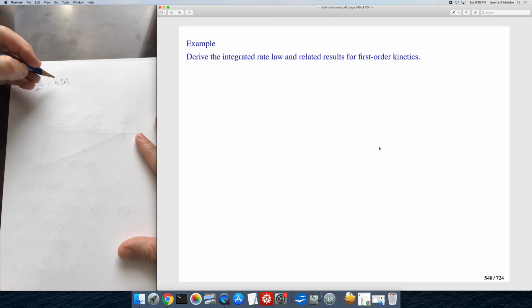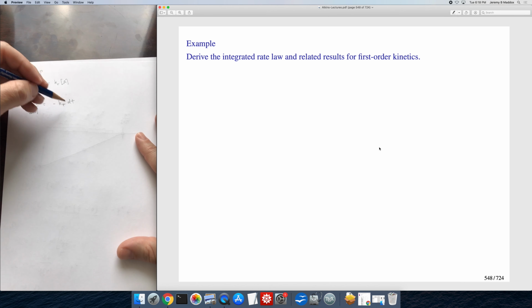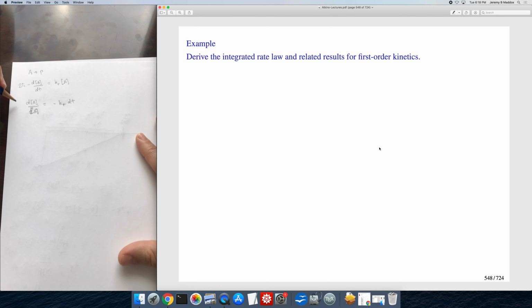And so we'll find that. What we'll do is put the parts that depend on A on one side of the equation, and the parts that depend upon t on the other side, which is just the dt. And so now we'll integrate both sides.